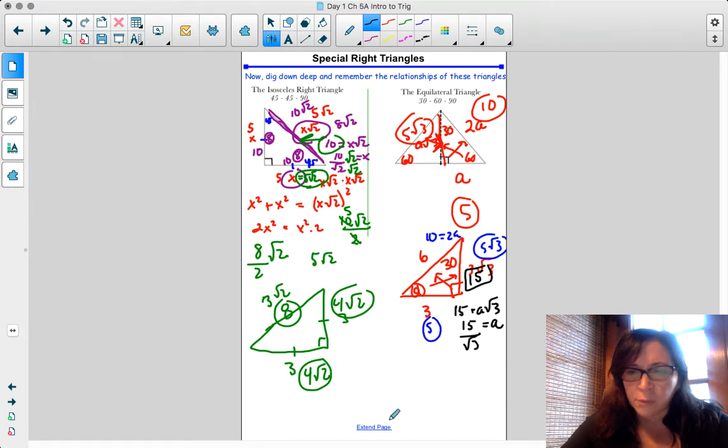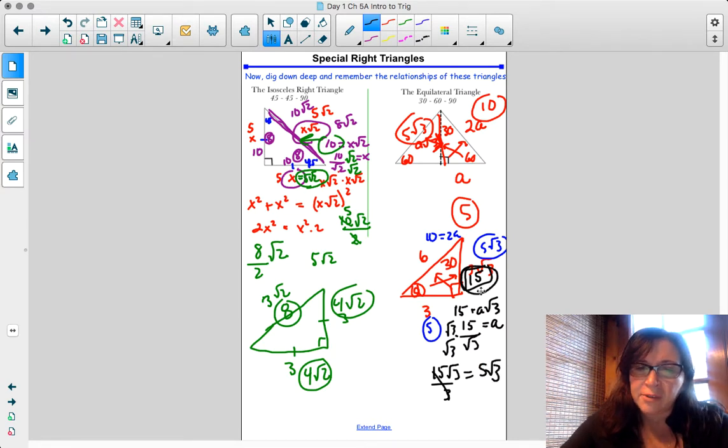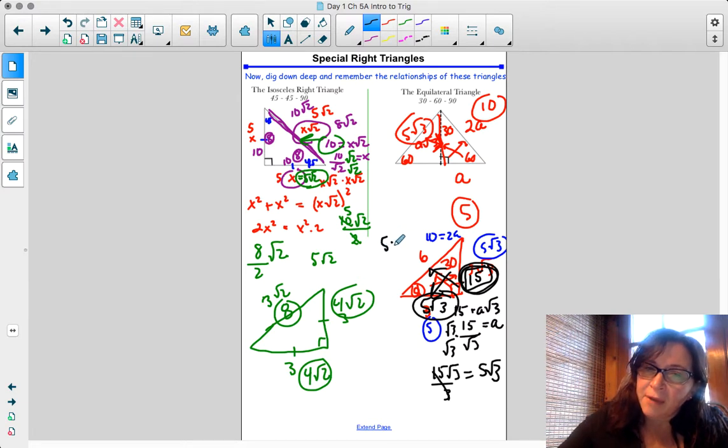Well, you're not going to leave a root in the denominator, so you multiply by 1 in the form of root 3 over root 3. You end up with 15 root 3 over 3, which, when you cancel, gives you 5 root 3. So if this side is 15, then opposite the 30 is 5 root 3, and then opposite the 90 is 5 root 3 times 2, which is 10 root 3.